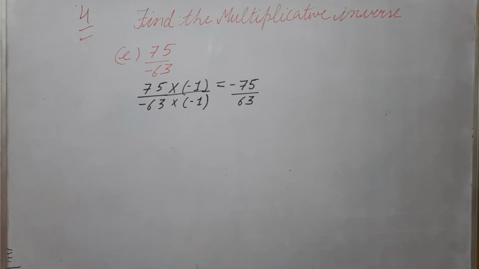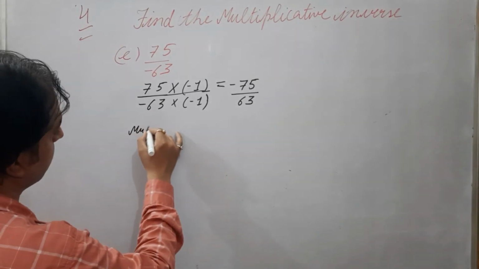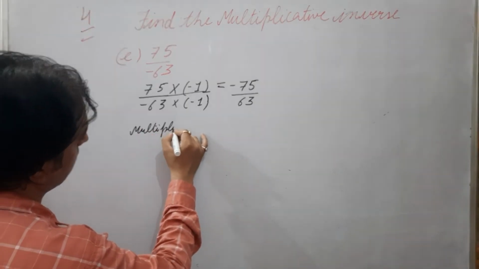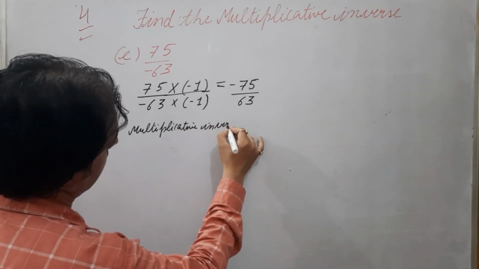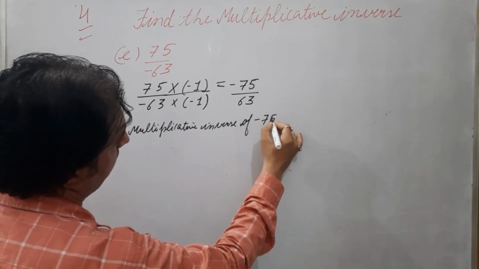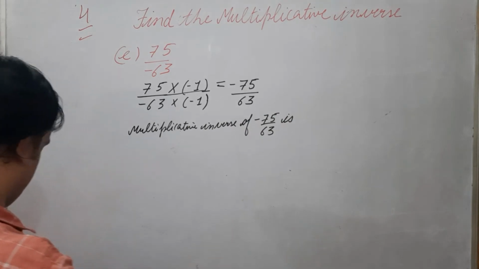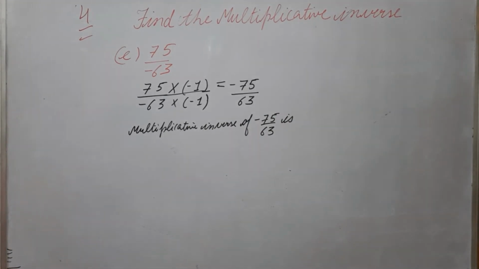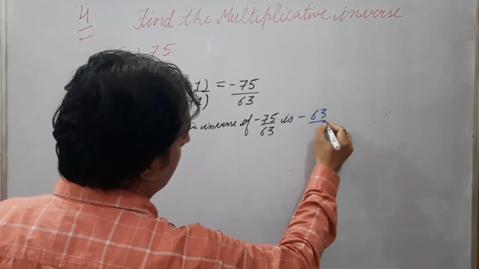Right? So now take the multiplicative inverse. Now it's simple. The multiplicative inverse of minus 75 upon 63 is minus 63 upon 75.